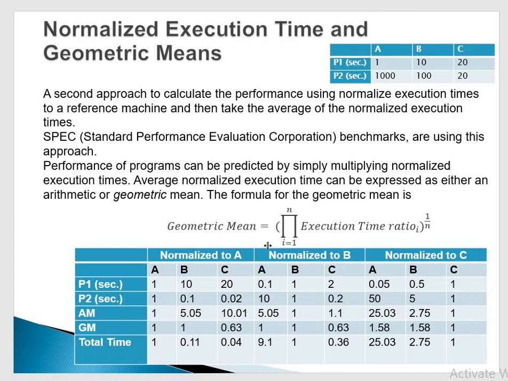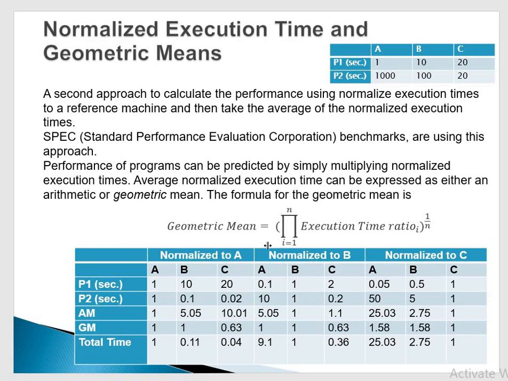SPEC is a Standard Performance Evaluation Corporation. It is a corporation which presents different benchmarks and benchmark suites which are used by different manufacturers to evaluate the performance of their computers. So it is a standard set.